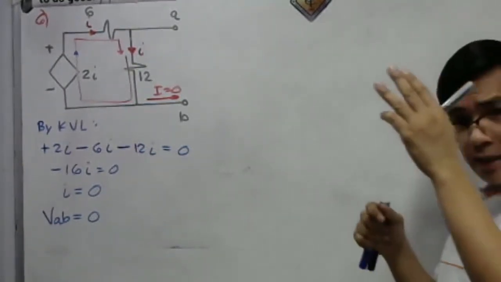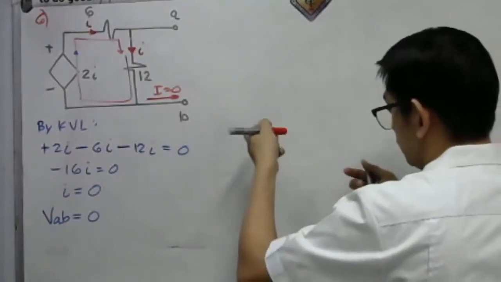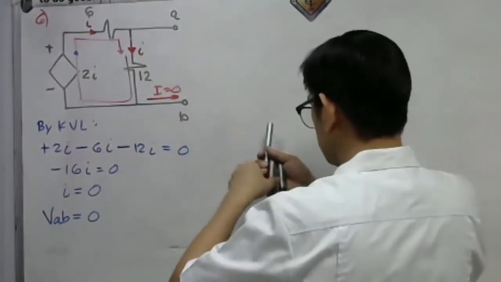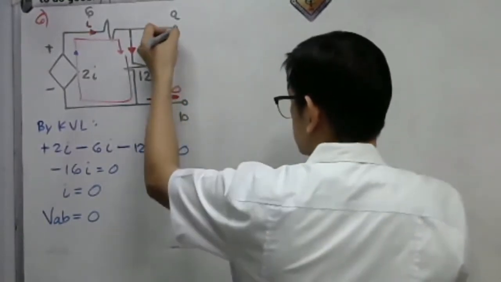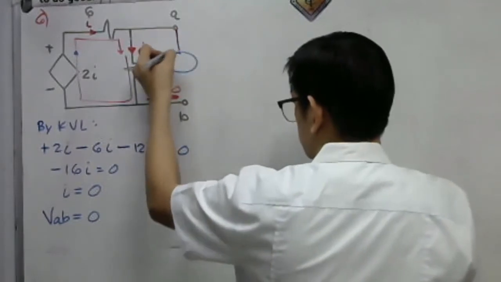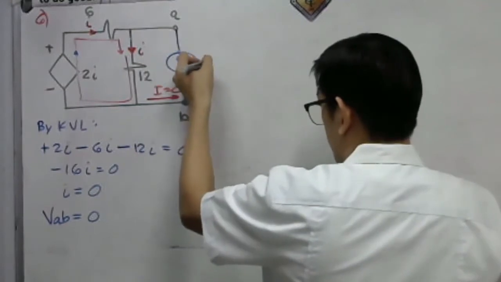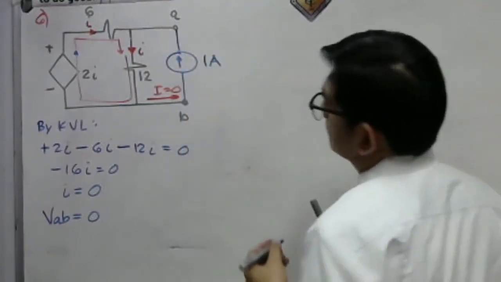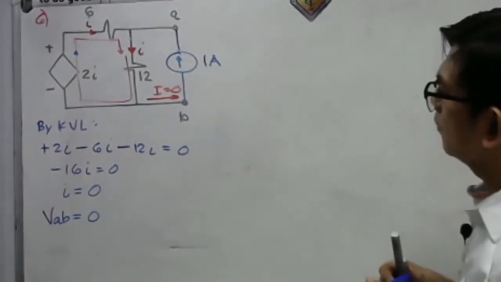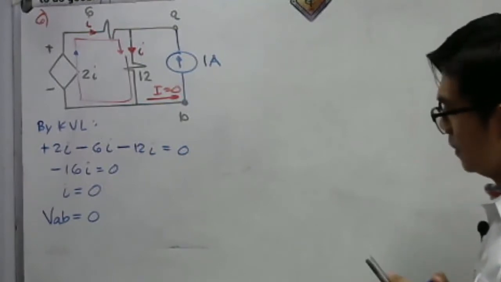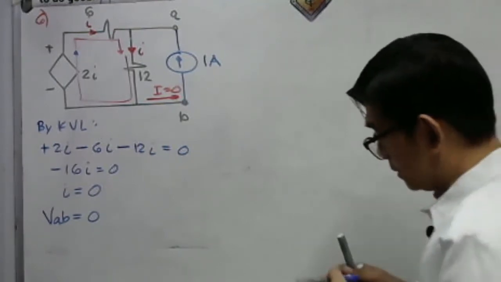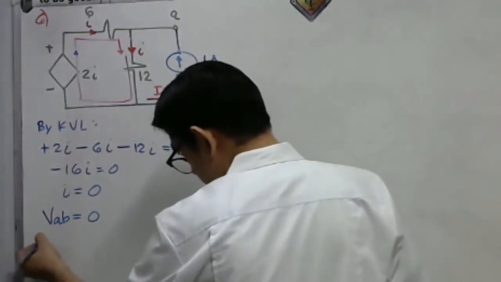A 1 ampere current source here. Let us introduce a current source here, 1 ampere.